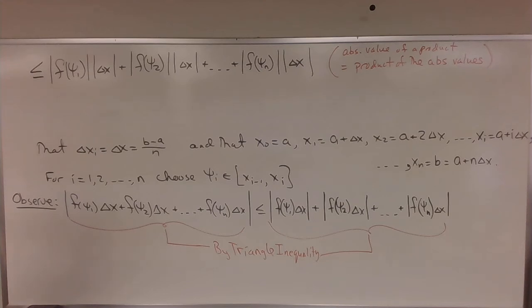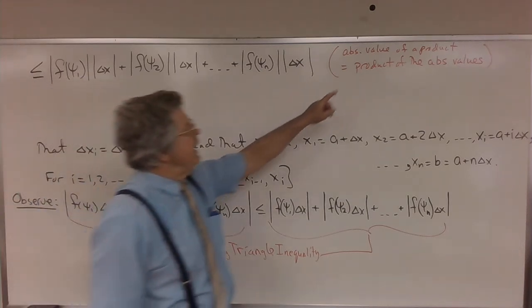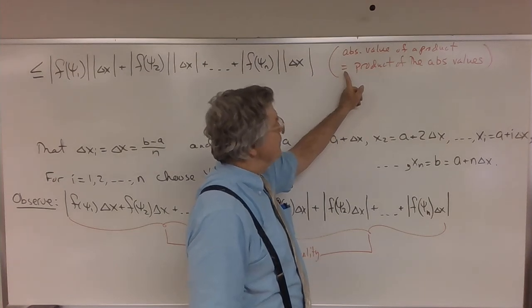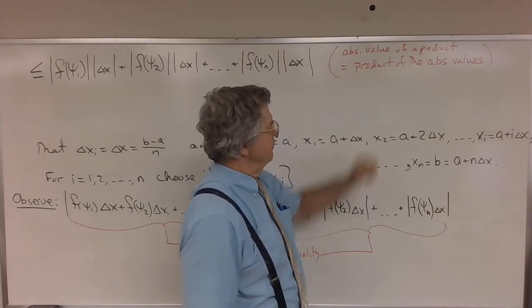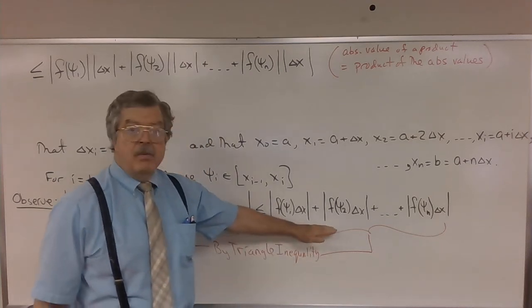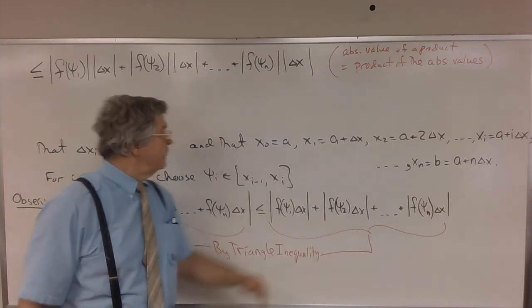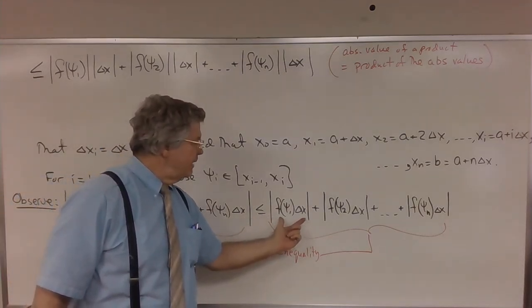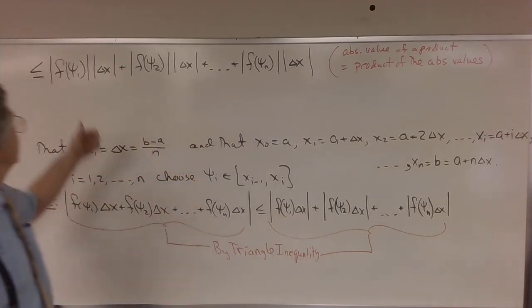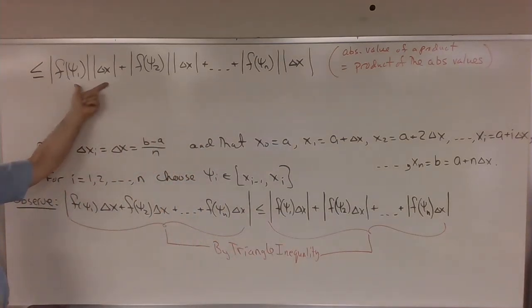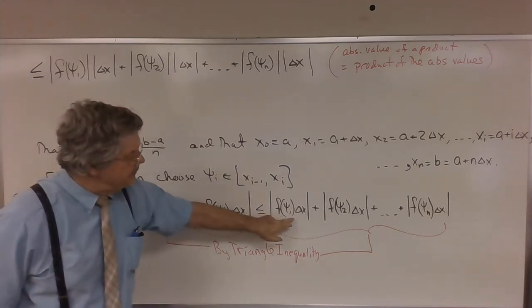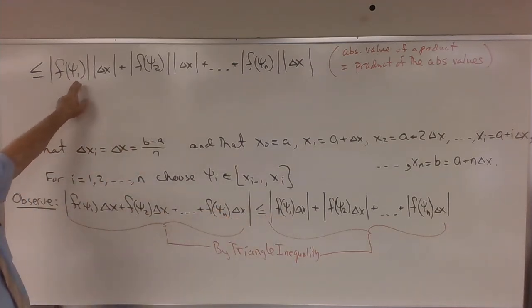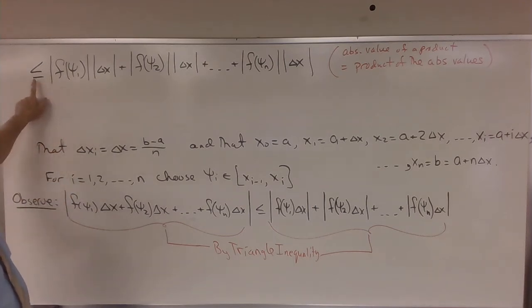Let me make a slight correction here. If the absolute value of a product is equal to the product of the absolute values, when I go from here to here, writing the absolute value of each product as the product of the absolute values, since each of these things is equal to each of these things, should I really have this here, or should this be an equal sign?